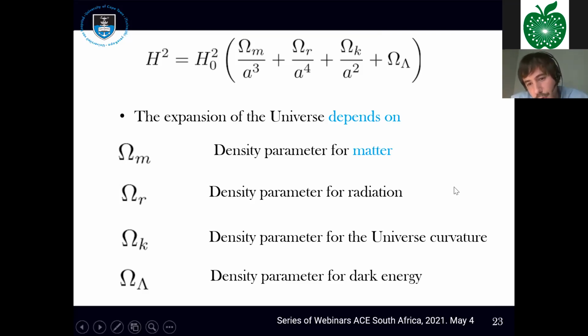The density parameter for curvature tells us the shape of our universe, and the density parameter for dark energy is taken basically to explain the accelerated expansion of our universe.